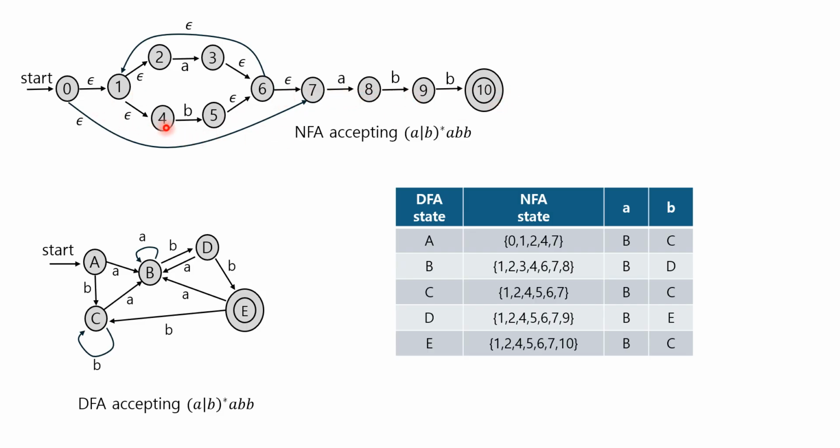So 0, 1, 4, 5, 6, 7, 8, 9, 10 is the route of babb, which is also possible from the corresponding DFA through A to C to B to D, D to E.